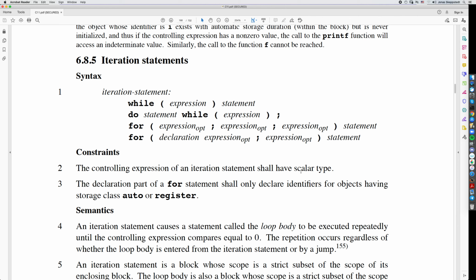If it doesn't, then the compiler is not only allowed, it must complain. So if we have while and this expression is the name of a struct variable, it must complain.